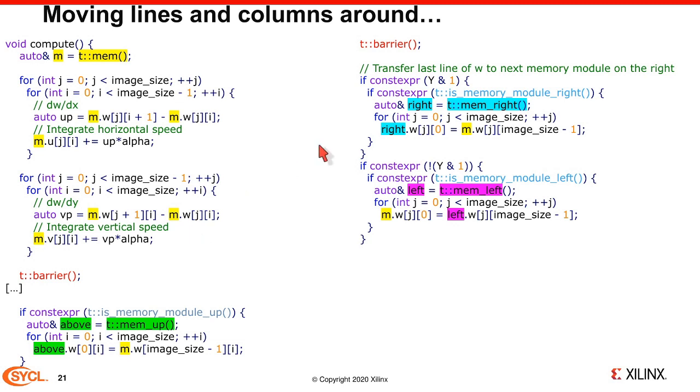And for example, if you are not a module on the top of the array, then there is a neighbor up. So you can just access these neighbor memories and do some transfers, for example, writing some content into your above neighbors and so on. And we also expose some hardware features such as barriers between tiles to avoid data races in the various tiles.